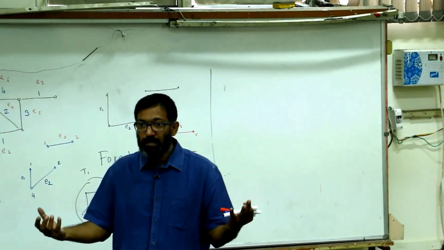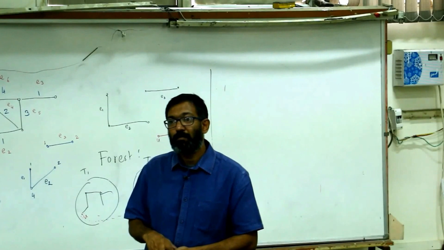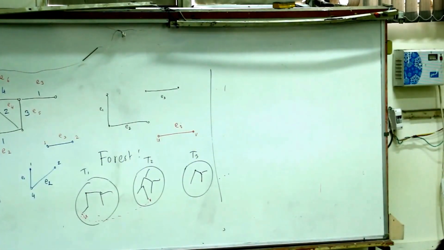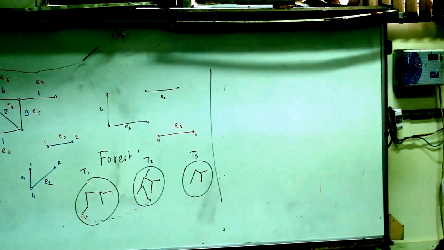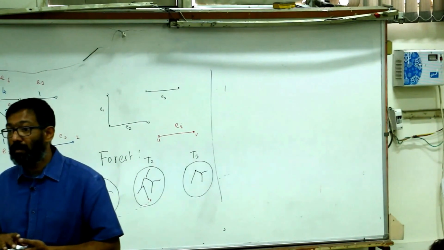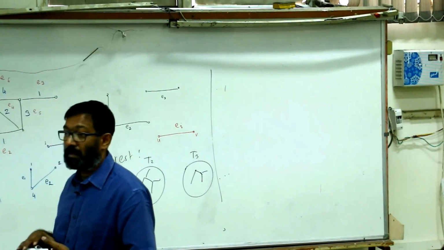If two elements belong to different sets, the one with the larger index is the representative. Then, what is the time complexity of this operation? How long does it take to check if T union E sub i is acyclic?